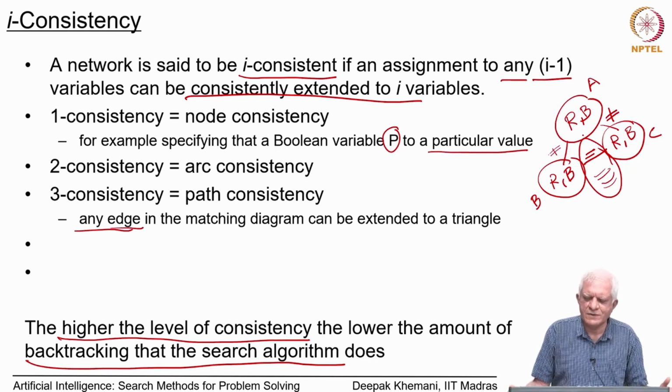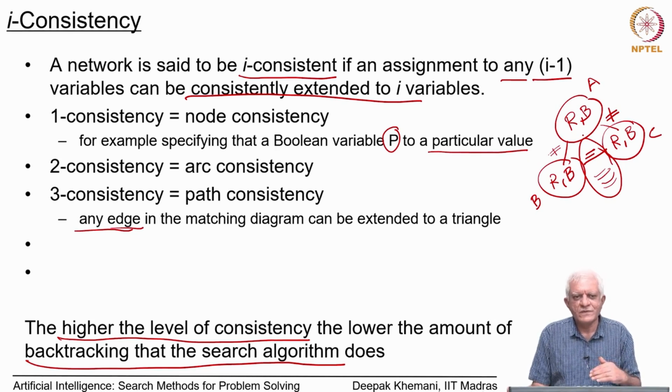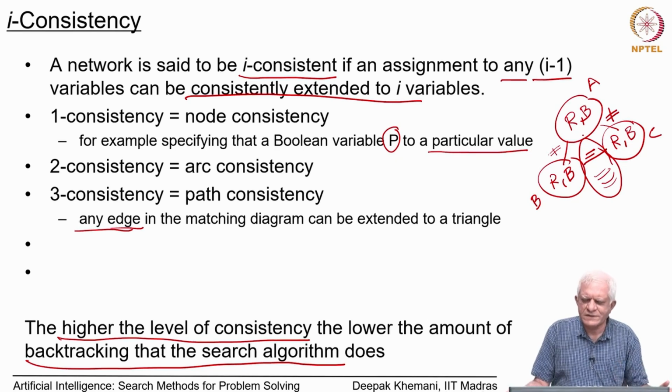We spoke only about arc consistency, and then you do search and you will find that there is reduced backtracking. But can we do this kind of reasoning? Remember that consistency enforcement is a kind of reasoning on the fly, and that is what we will do next, and that will be the last topic that we will study in constraint satisfaction problems, and we will do that after a short break in the next video.